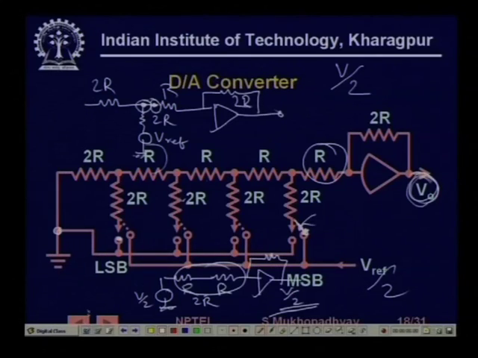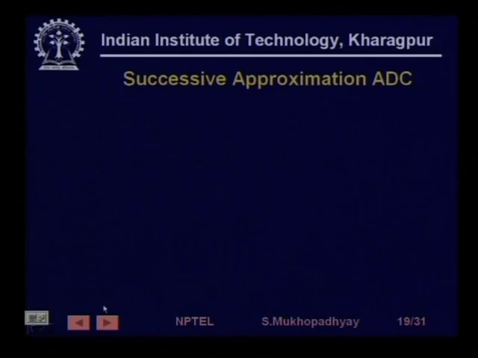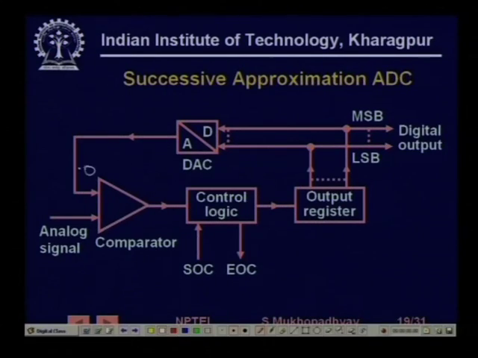So, for example, in this AD converter, which is called a successive approximation converter, the principle is very simple. You put a signal, and the signal first compares whether, initially this is 0, right.